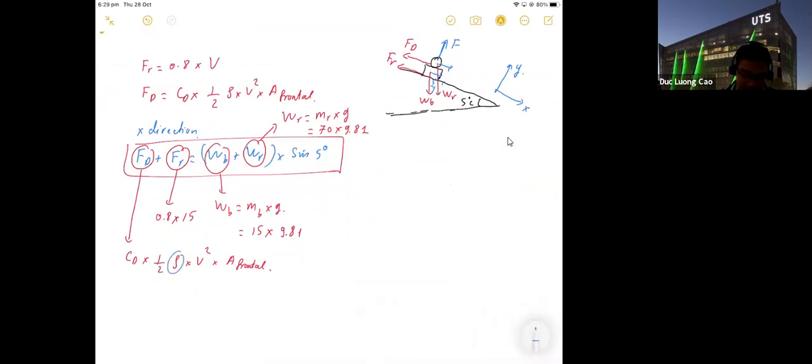With the density, how about the density? Which density here? Is it the density of the bicycle, the density of the rider, or the density of which one? Read the density here.